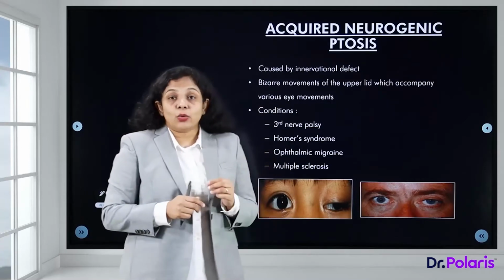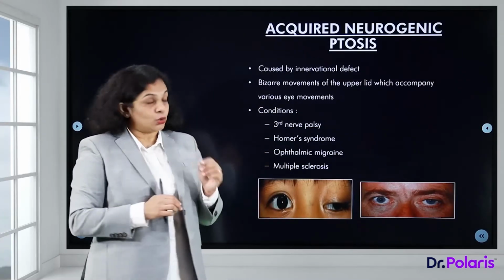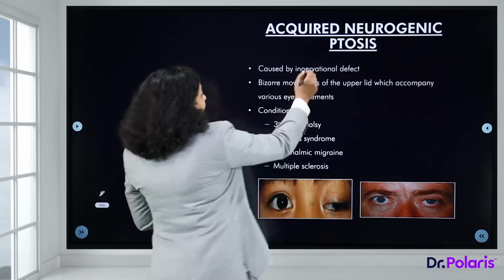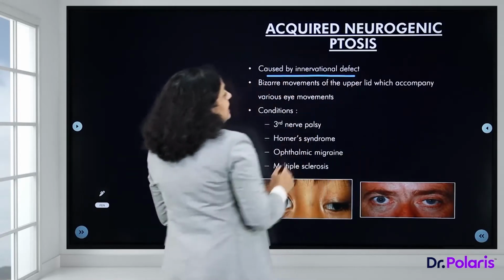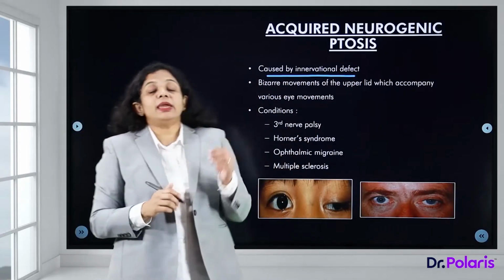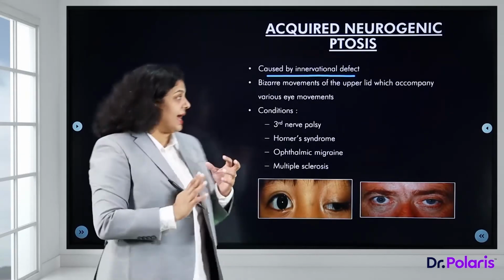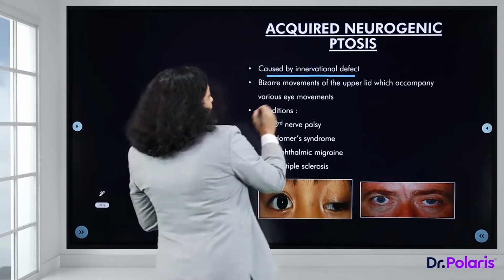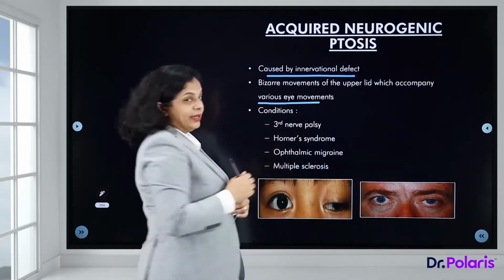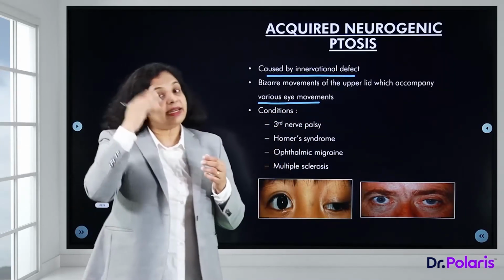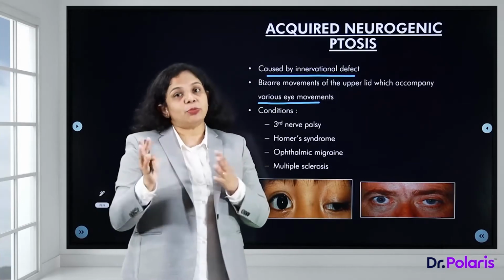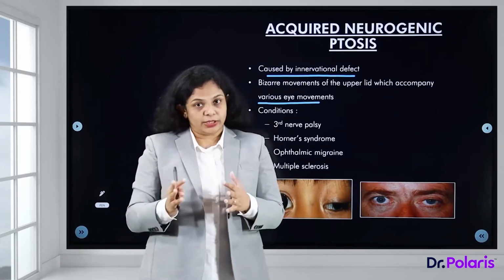Coming on to acquired neurogenic ptosis. These are usually caused by innervational defects. There will be different or bizarre kinds of movements of your upper eyelid which will accompany various eye movements. So with eye movements, the lid will go in different positions other than the normal.